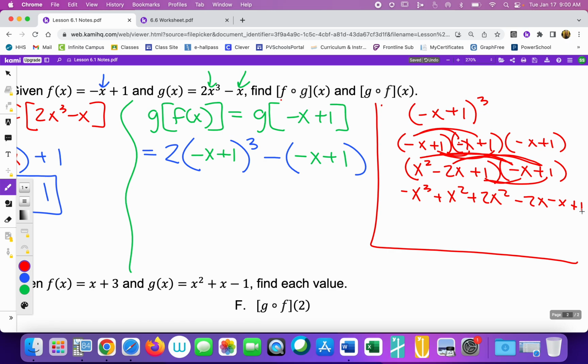Okay. So now back over here, we'll have 2 times all of that. What does that simplify to when you combine these two and these two?